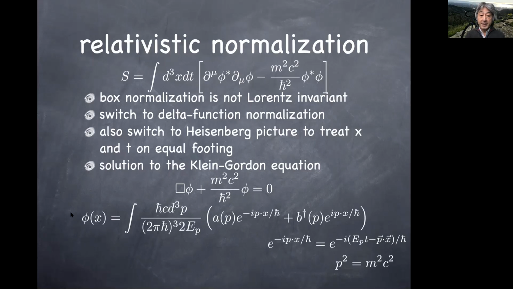So phi of x, as a field operator which depends on both space and time, can be expanded using this wave factor with the coefficients a of p and b dagger of p. And also using this integration volume in a Lorentz invariant fashion, you can have a fully Lorentz invariant meaning for these creation and annihilation operators.